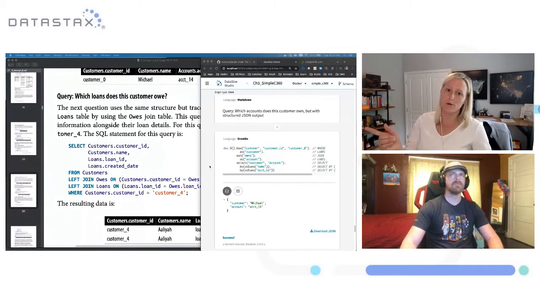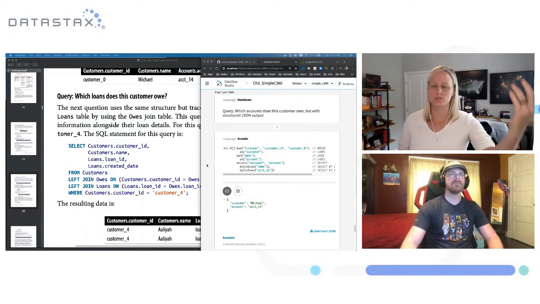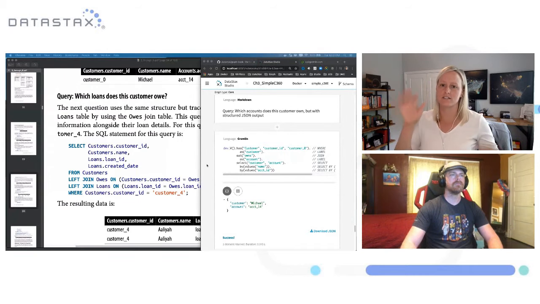Once I have a moment, I will find that link and drop it into the YouTube comment section so you can see it. Essentially, on the left-hand side we're doing a 3-way join, and that's the same thing we're doing on the right-hand side, so you can see the Gremlin syntax versus the CQL syntax.